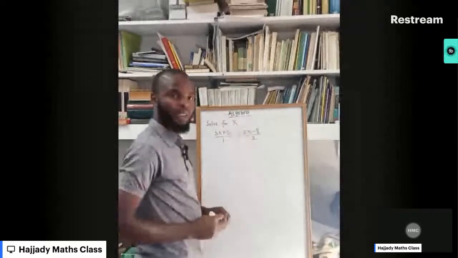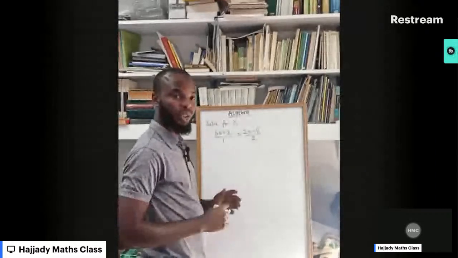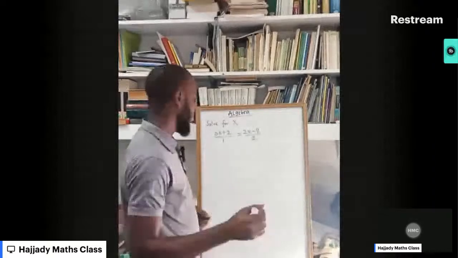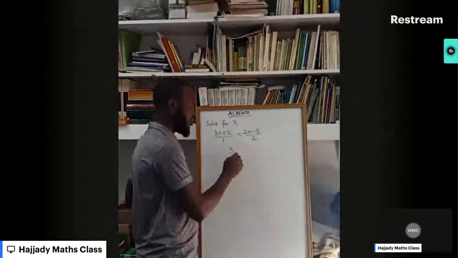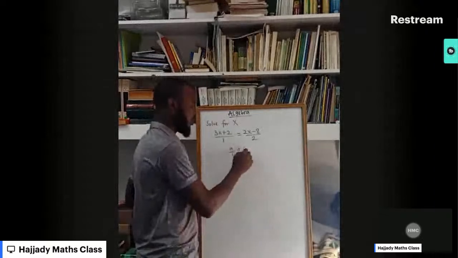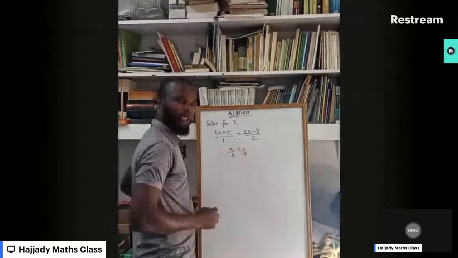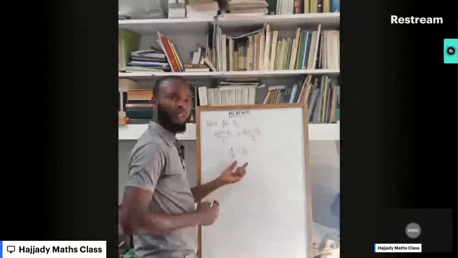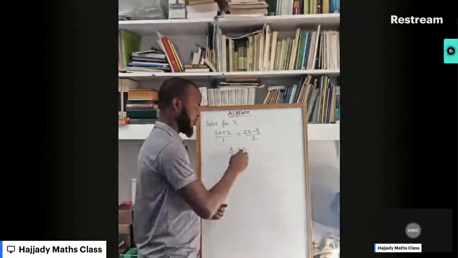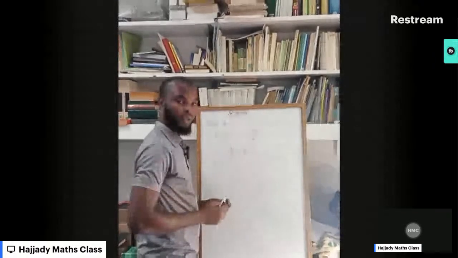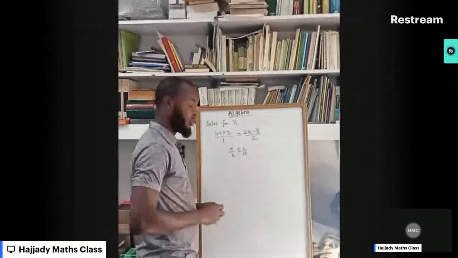Before I proceed with this, let me just take you through some of the rules of algebra. Take for instance, we have a fraction, a over b plus c over d. When you have two fractions separated by addition or subtraction, you can use two methods.